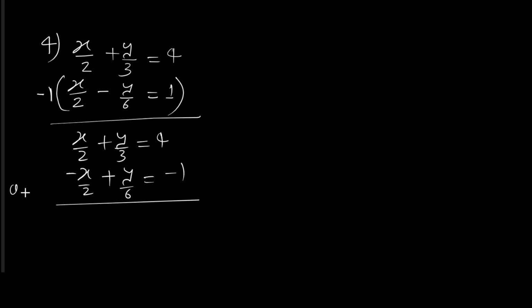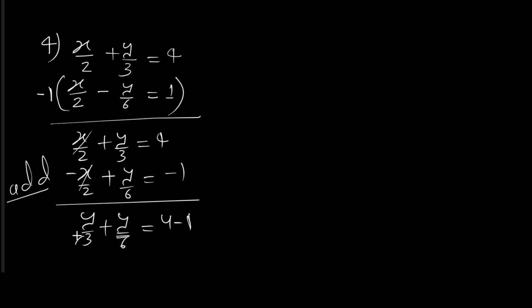So let's add these equations. If you add these equations, the x terms will cancel out because of opposite signs. So we have y over 3 plus y over 6 equals 4 minus 1. So convert this denominator into 6.